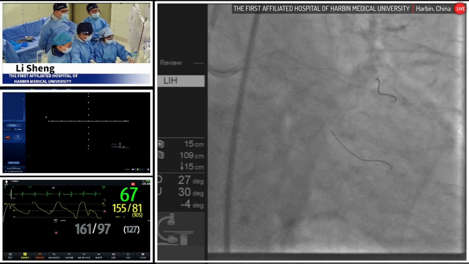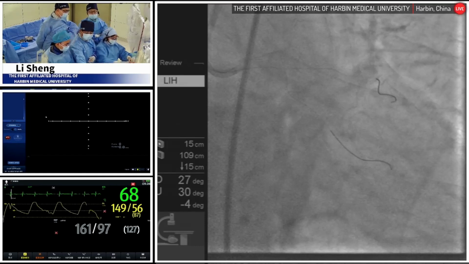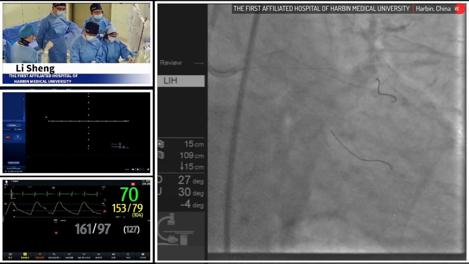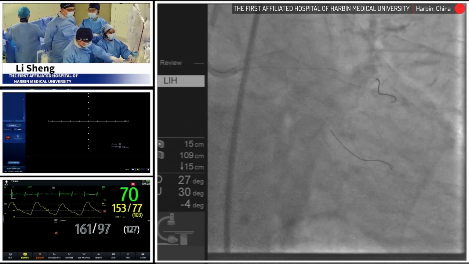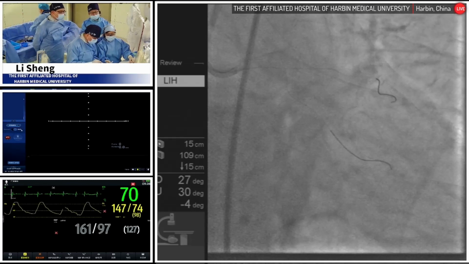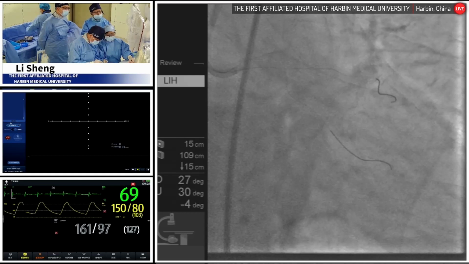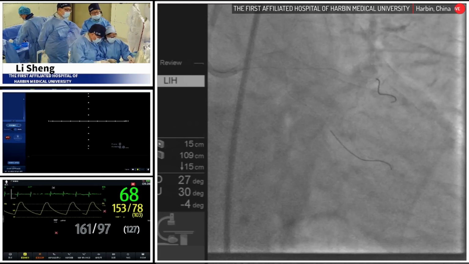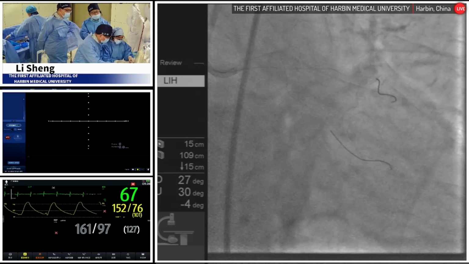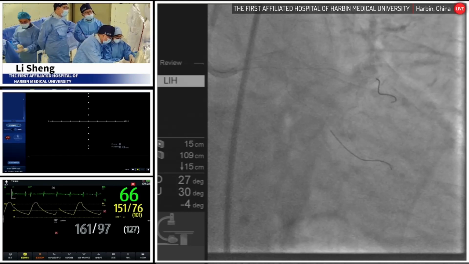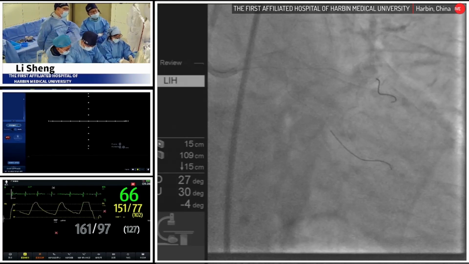So right now we still cannot deliver the cutting balloon through the lesion. So Dr. Sheng wants to do the IVUS again to see what is going on. I will check the IVUS. But we can see that the same size NSE balloon crossed the lesion easily.